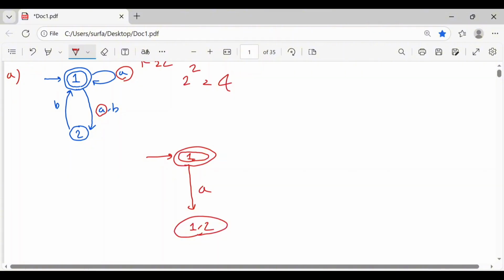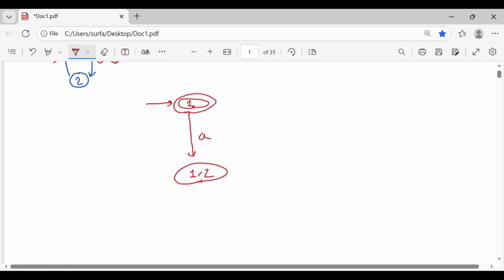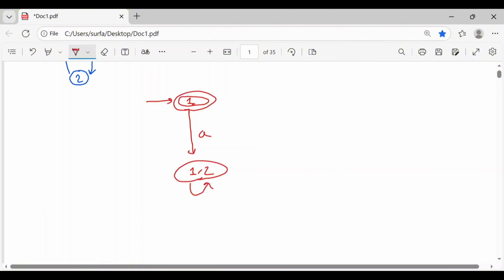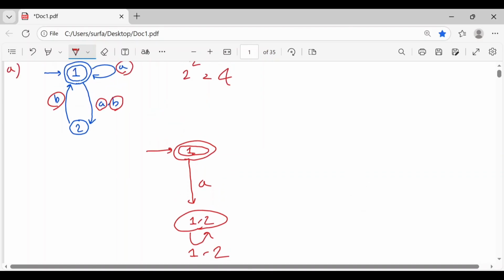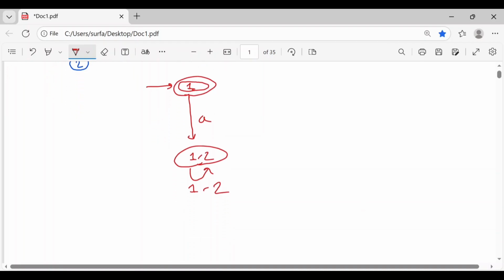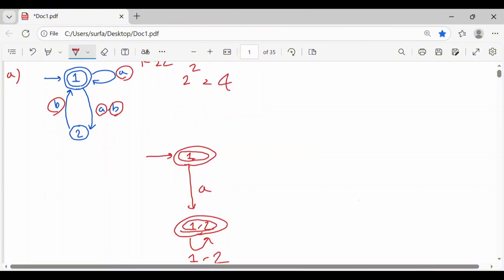Here, if we see an A, we can stay at 1 and go to 2. And if we see a B, we again have 2 options. We can go to state number 2 or back to state number 1. So this is the transition function for this state. And as you can see here, because this state contains 1 and we know that 1 is our accept state, this state here is also one of our accept states.